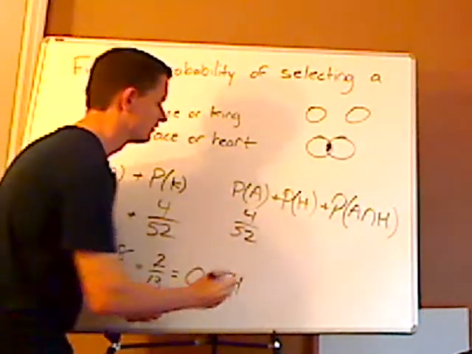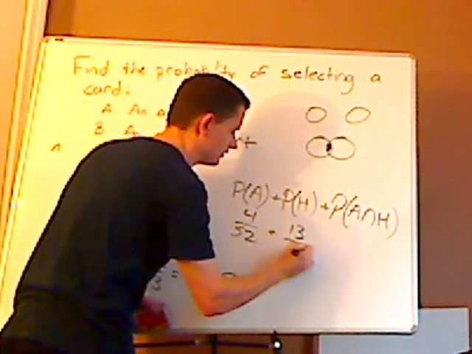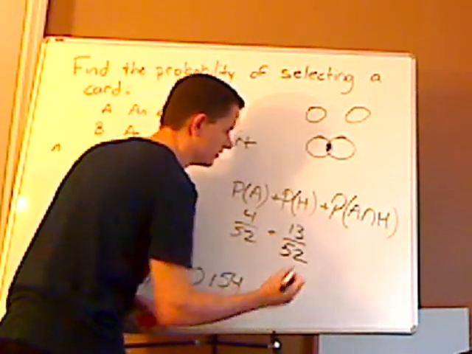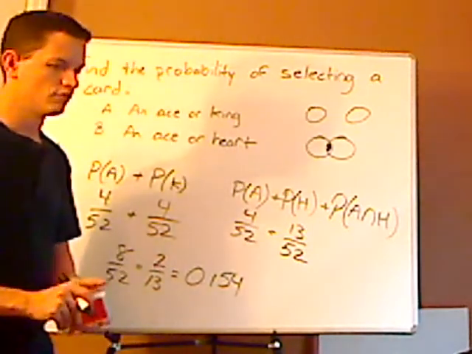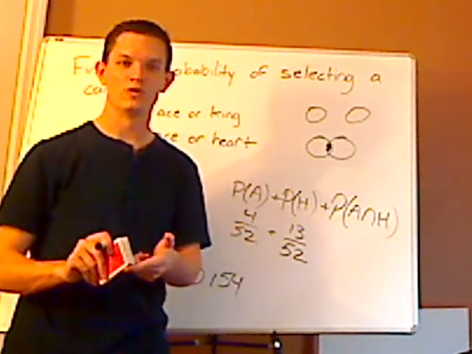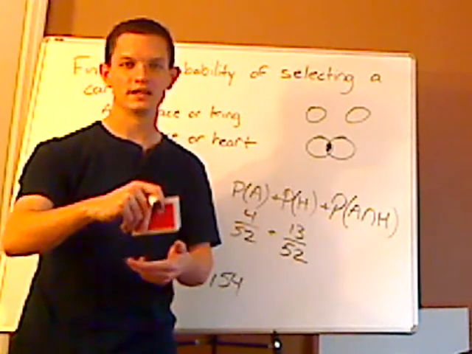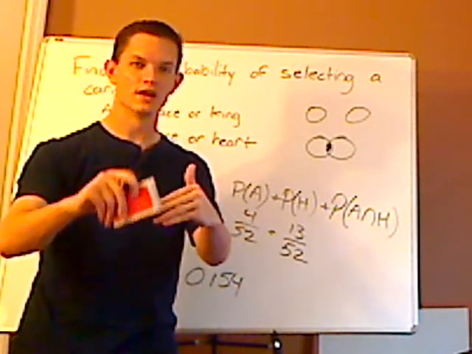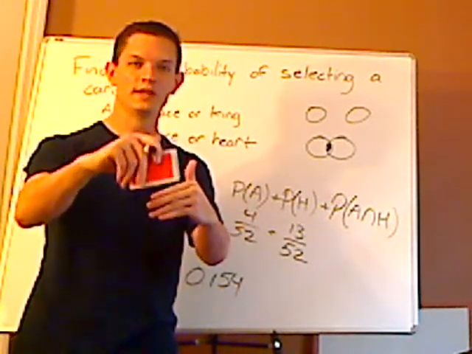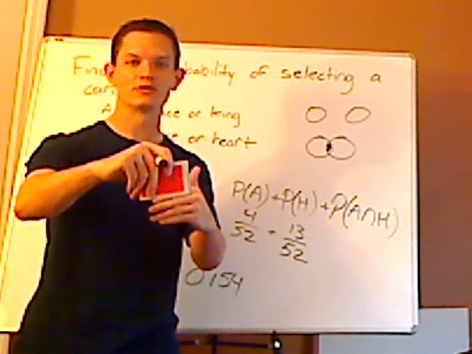So hearts has 13, and it's 13 over 52. If you consider the ace as 1, it's 1, 2, 3, 4, 5, 6, 7, 8, 9, 10. So that's 10 cards right there, and then you have the jack, the queen, and the king. So it's 10 plus 3, which is 13.